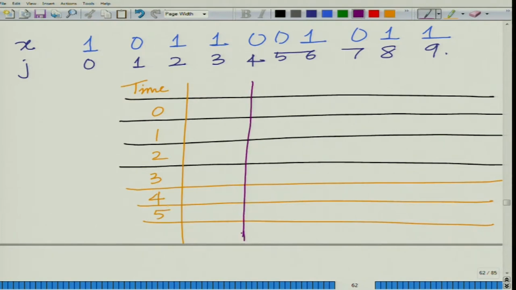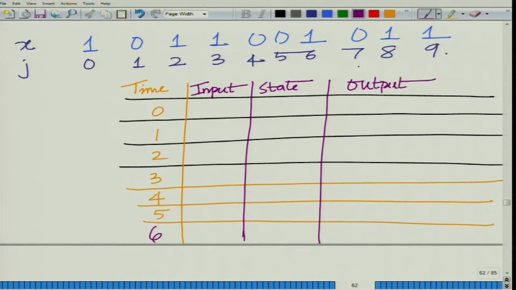Let us look at input. Let us look at our state, and let us look at our output code bits. Output code bits means C0j, C1j.